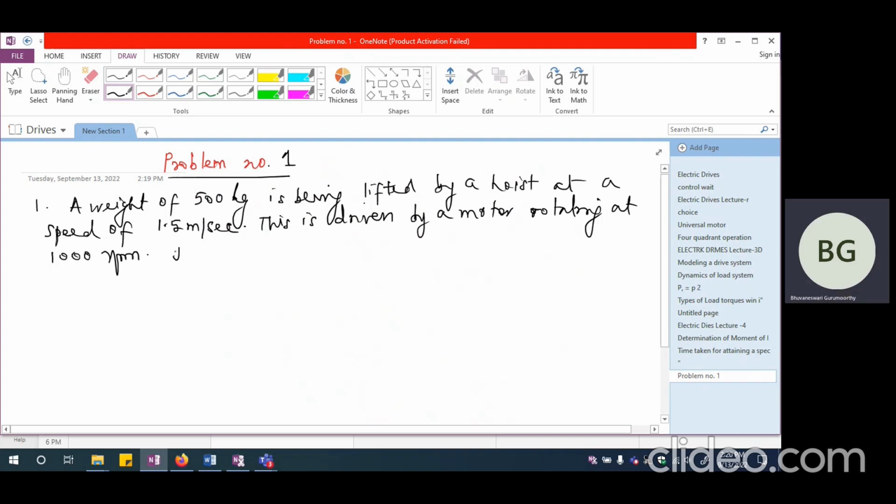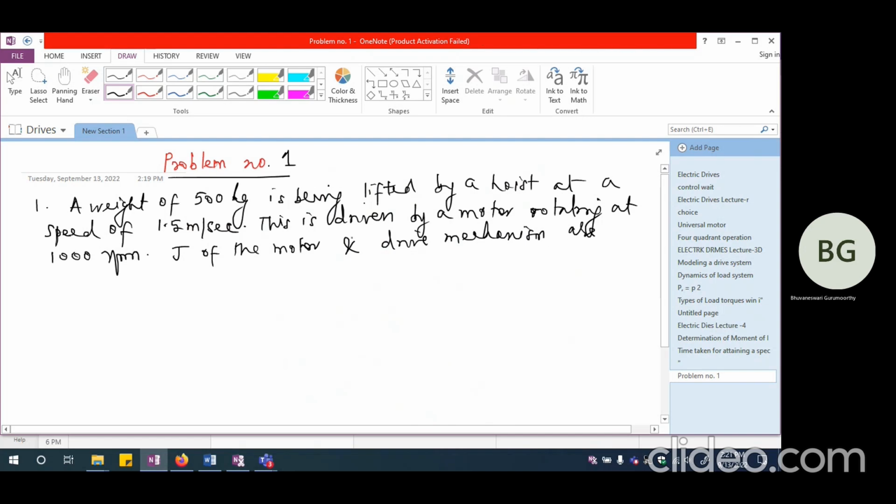Moment of inertia of the motor and drive mechanism are 0.5 and 0.3 kg meter square respectively.